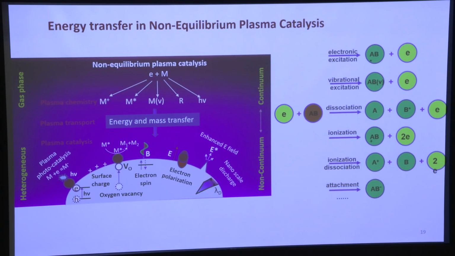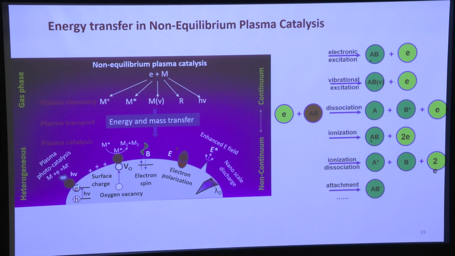So plasma, as I said yesterday, gives you so many opportunities to do non-equilibrium chemistry. You have electrons impacting with a molecule. You can generate ions, electronically and vibrationally excited species, radicals, and UV light. And these intermediate species are going to interact with a catalyst.